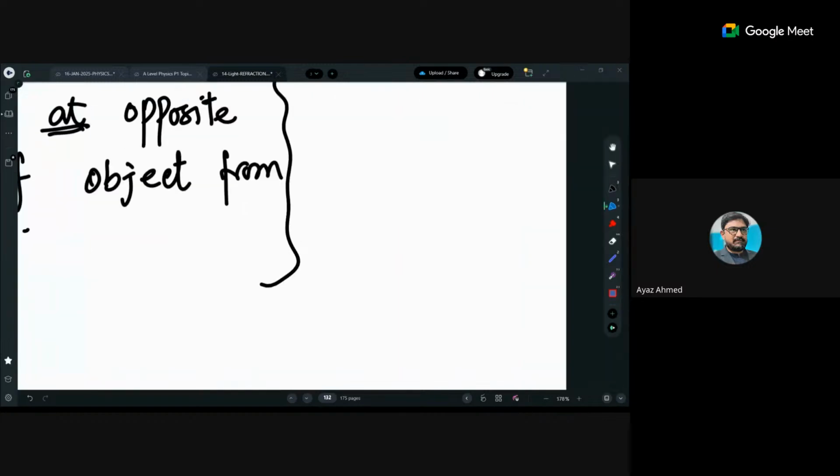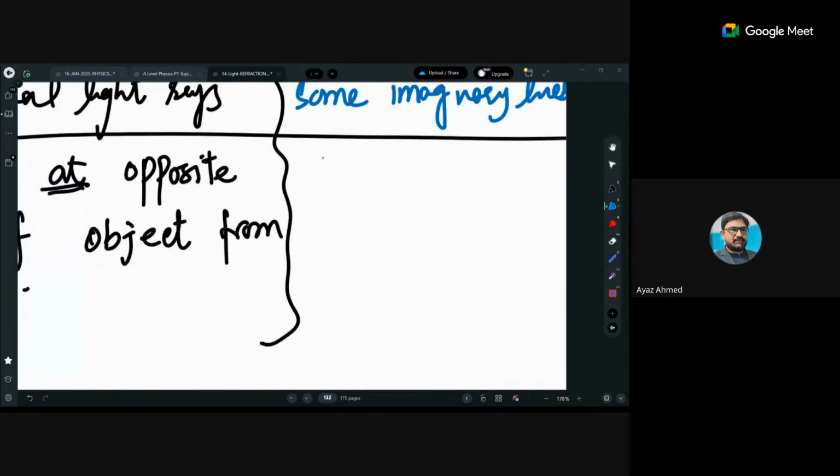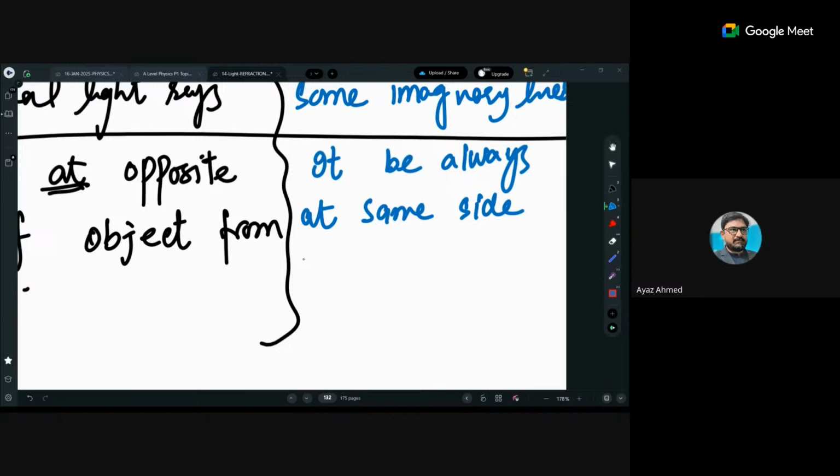And the third aspect is that it will always be on the same side as that of the object from the lens.